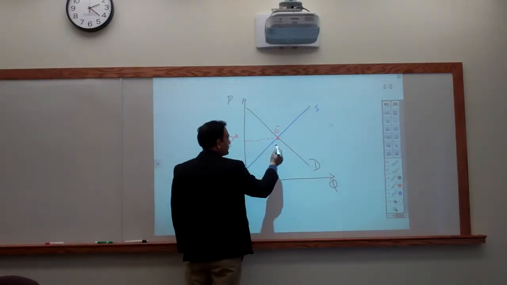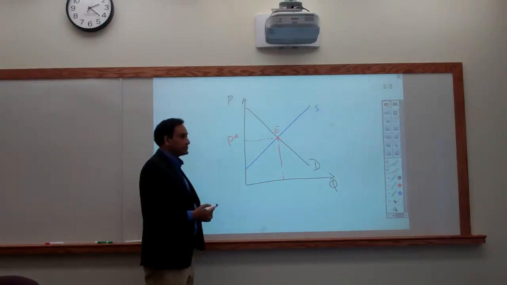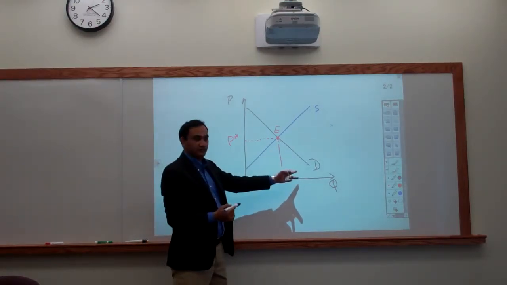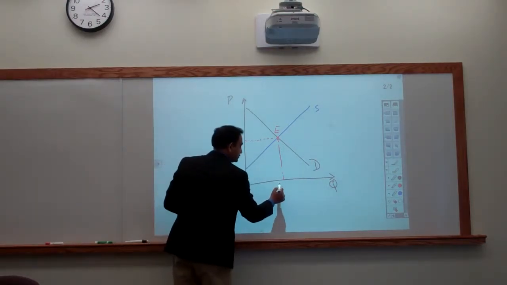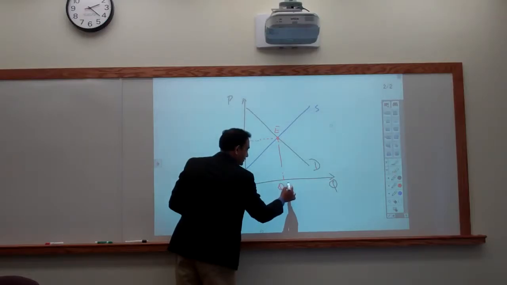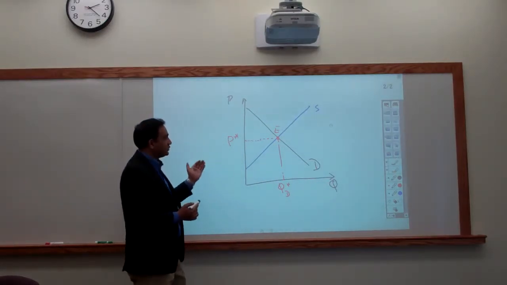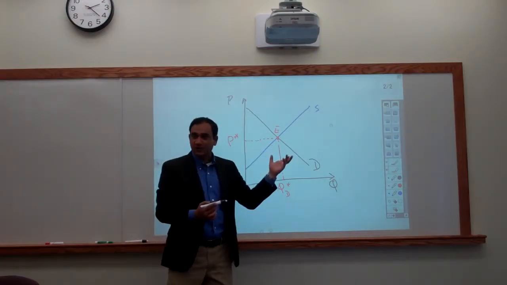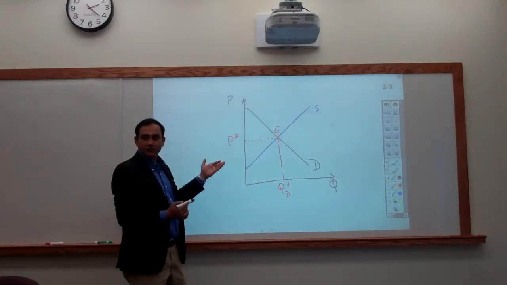And at that price, what happens? According to the demand curve, just focus on the demand curve, the black line here. When price is P star, quantity demanded is QD star, some number, from the demand curve. And now you focus on the blue line, that's your supply curve. When price is P star, what is supply equal to?